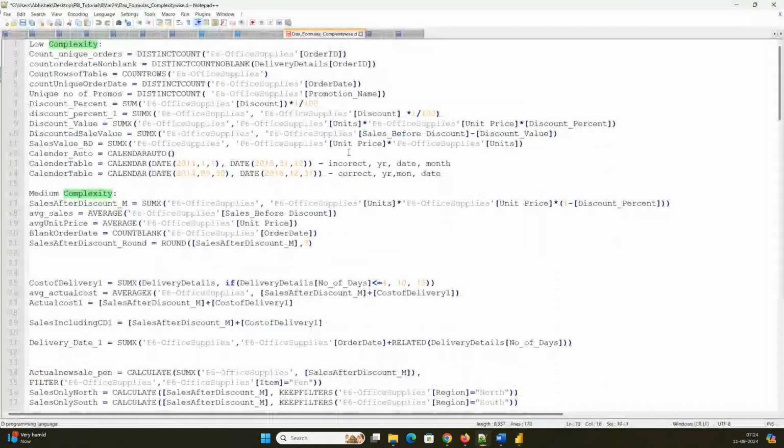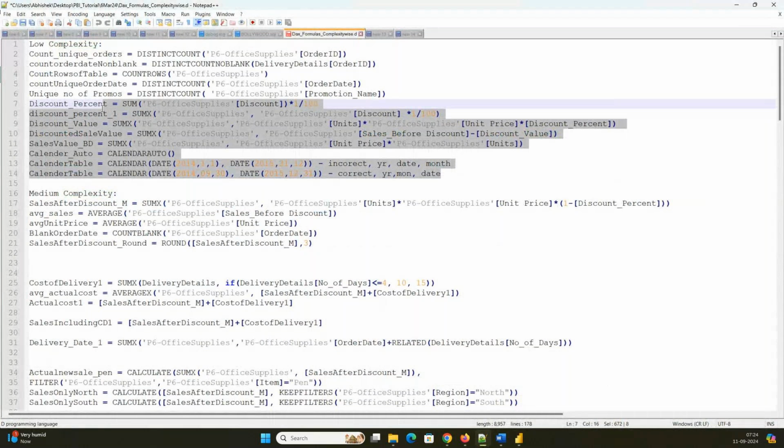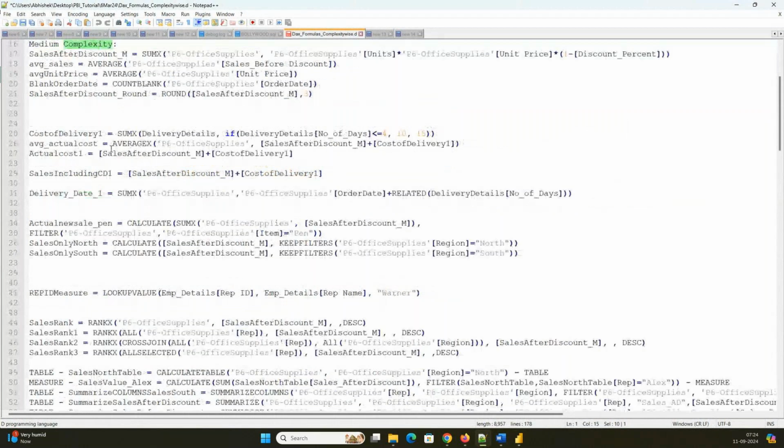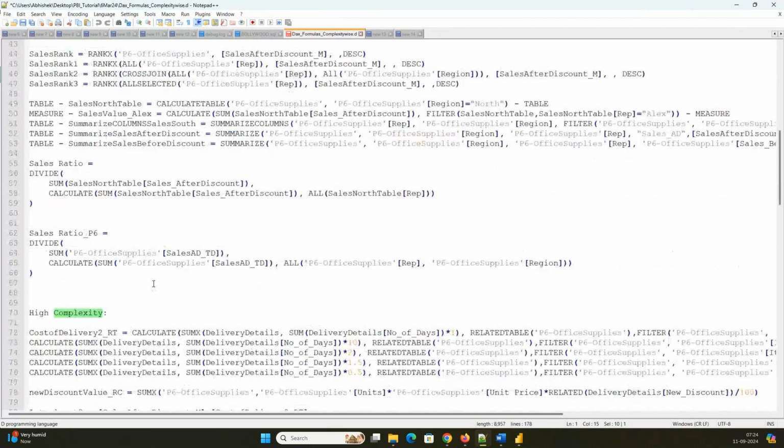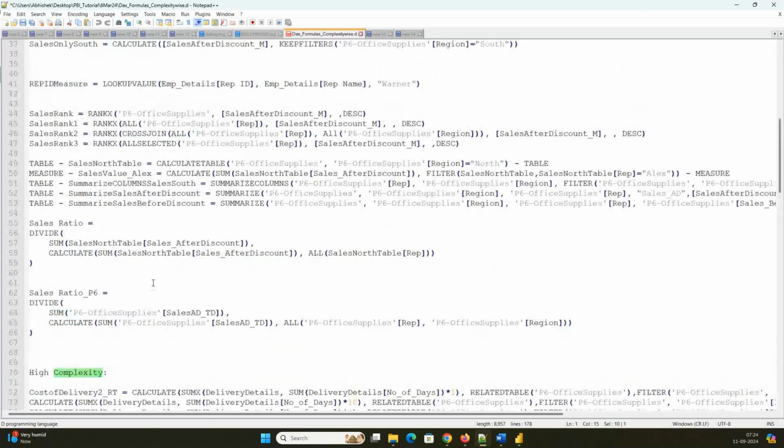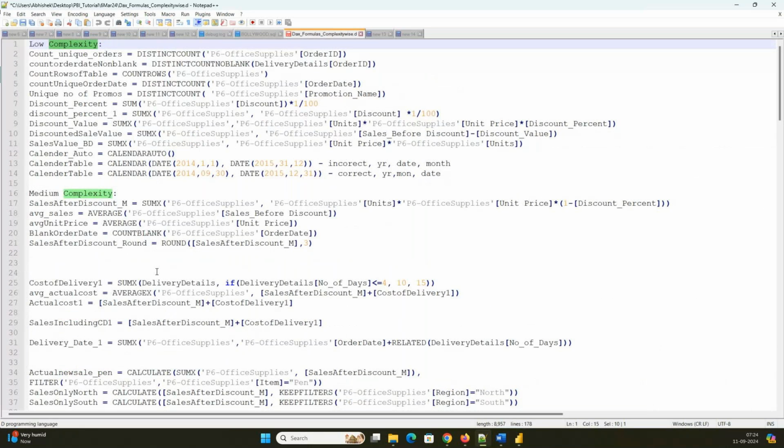Here, you can see we have multiple DAX formulas that I have written, based on complexity: medium complexity and high complexity. I have made all these formulas in this course so that you can understand and learn the majority of the DAX formulas which are useful in real-life work.